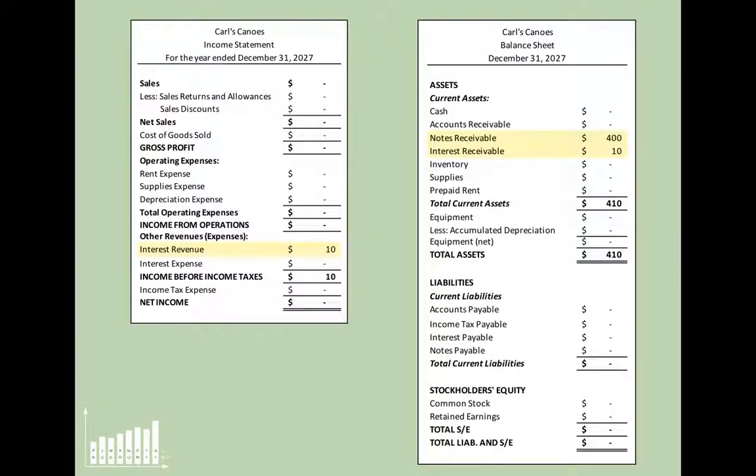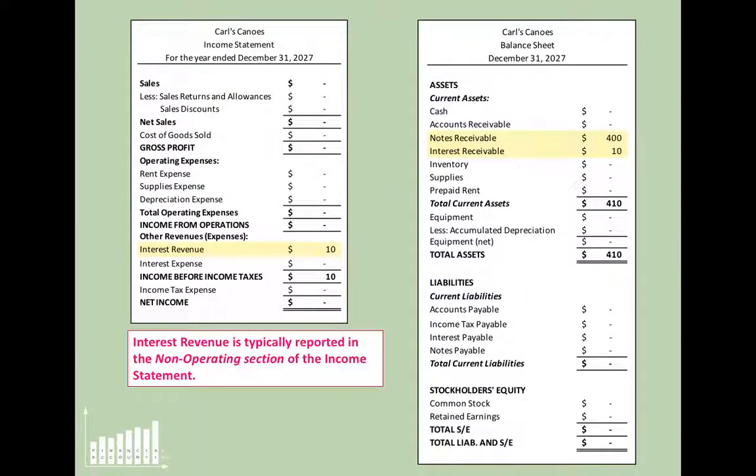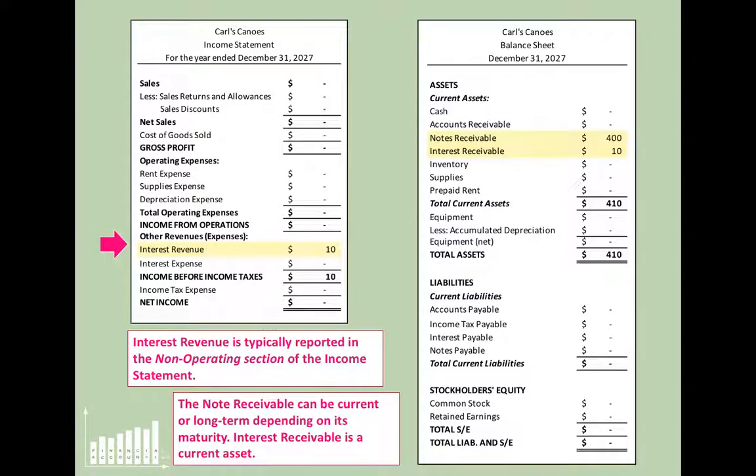Now in our financial statements, interest revenue is typically reported in the non-operating section of the income statement. Here. The note receivable could be current or long-term, depending on how long the note receivable is for. Since this note receivable is for 6 months, that is less than 1 year, it's going to be reported in the current asset section.